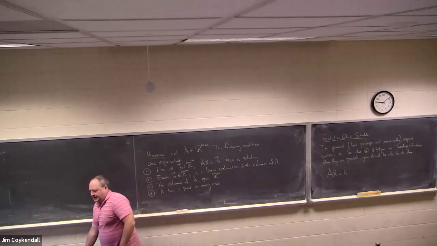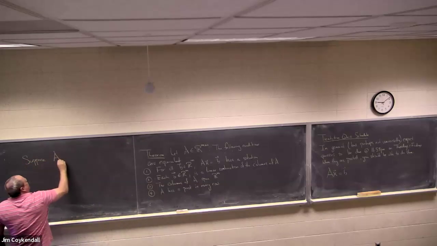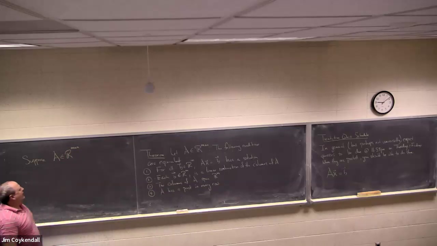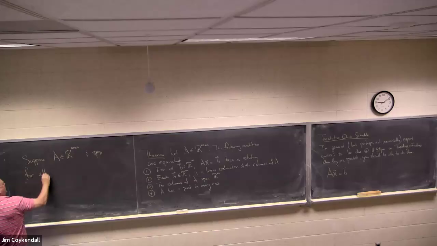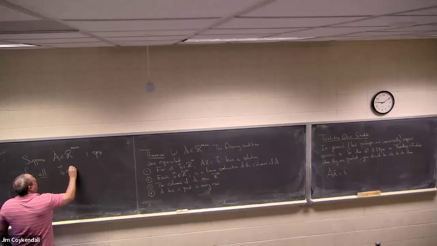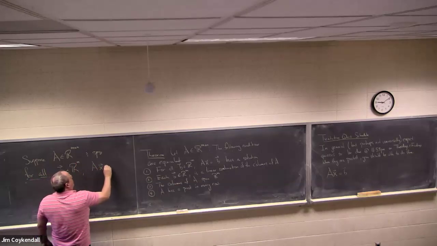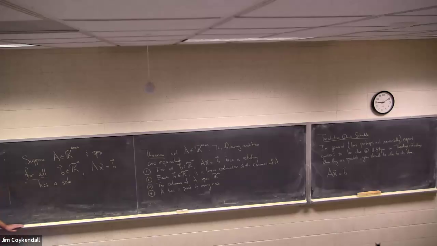Suppose I have an n by n matrix, and suppose this holds for all B. What does that tell me about the shape of the matrix?